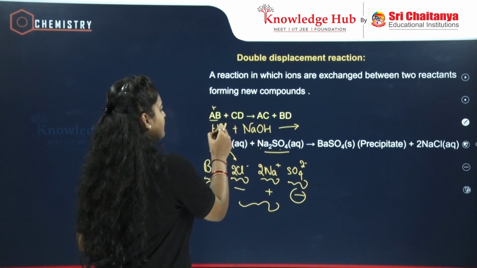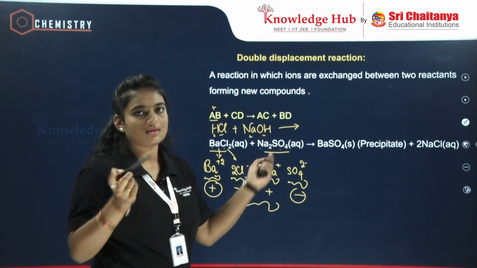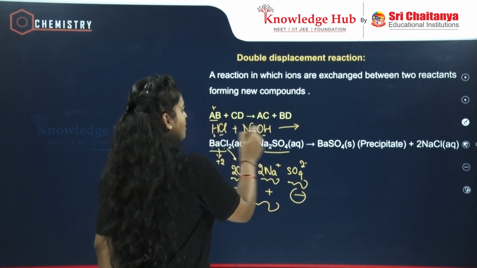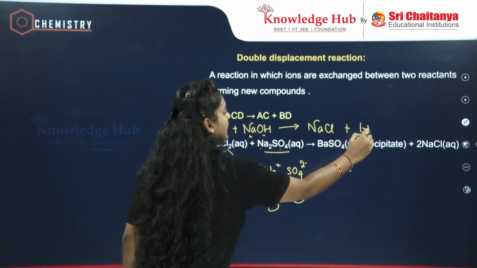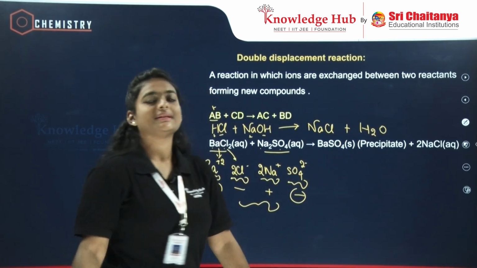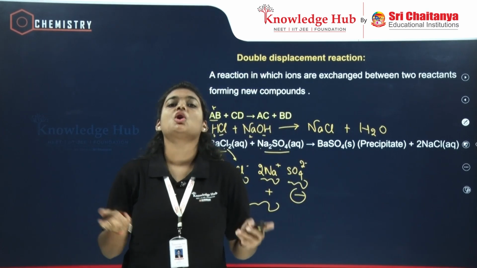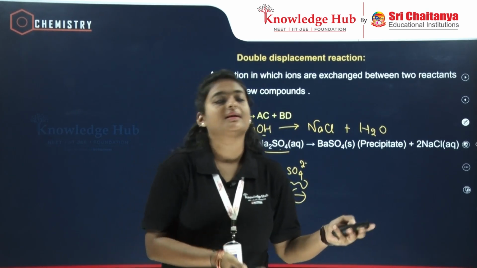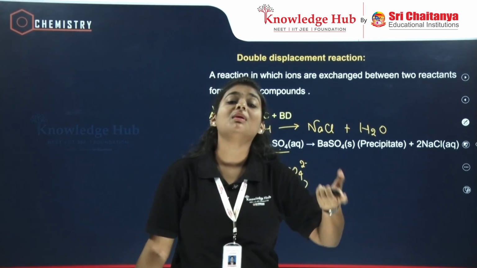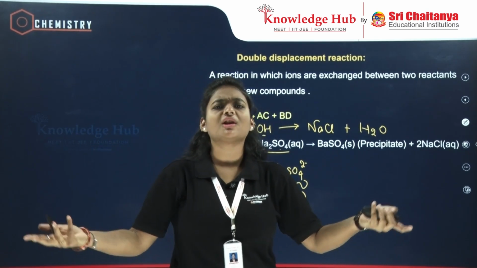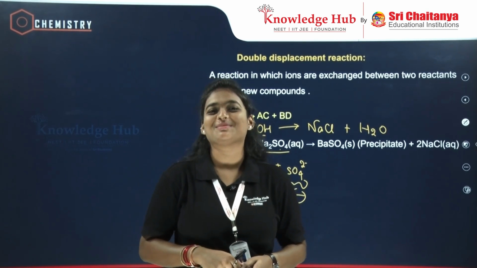H is plus, Cl is minus, Na is plus, OH is minus. Exchange, and it will form NaCl and H2O. That's it. So acid plus base will form salt plus water. This reaction is an example of a double displacement reaction, so all your neutralization reactions you can quote as examples for double displacement reactions.